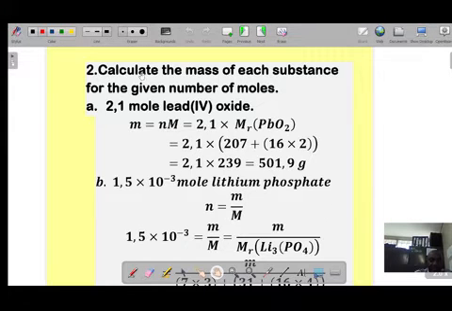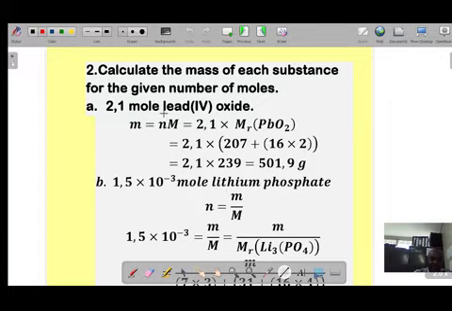Another example, they say calculate the mass of each substance for the given number of moles. So sometimes they can give us the moles and then they want the mass. For example, 2.1 moles of lead oxide. Now lead oxide is PbO2. Note here that they gave us the moles and the formula, so it means we can find the mass.